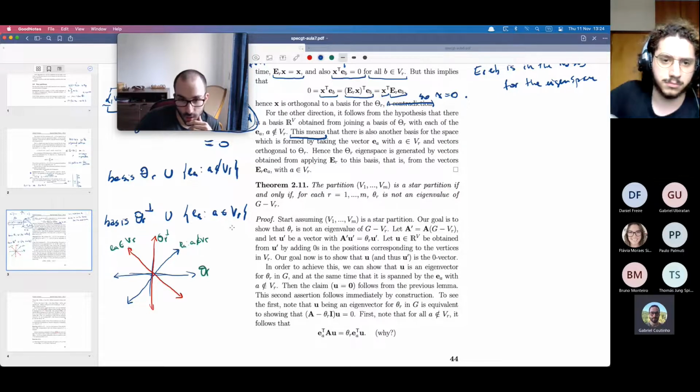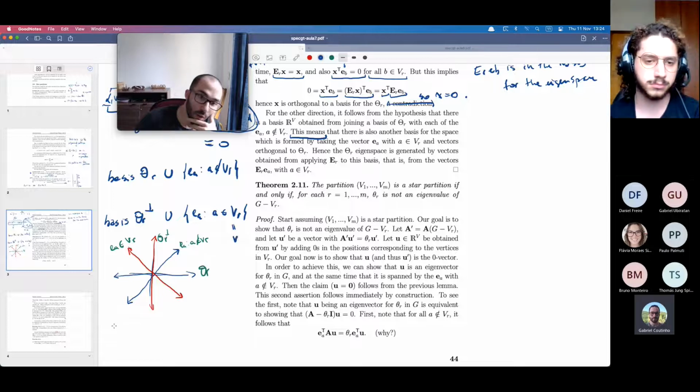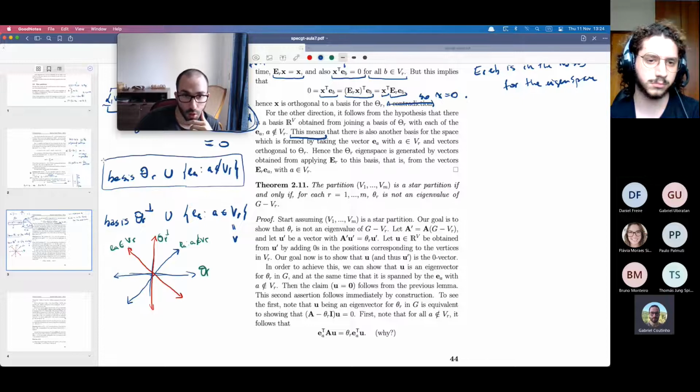So imagine that this contains a vector, I don't know, v. So v belongs to this thing, but this is a basis as well. So supposedly there should be a way of writing v in terms of this basis, but how can this work?